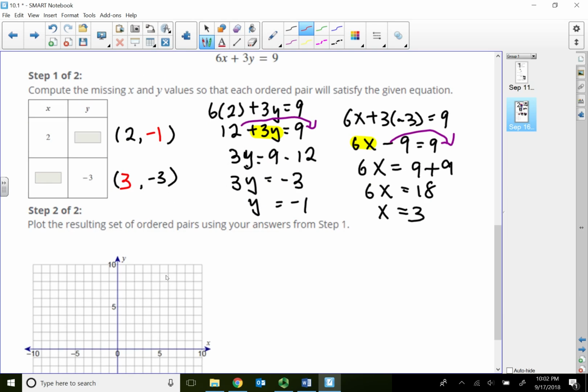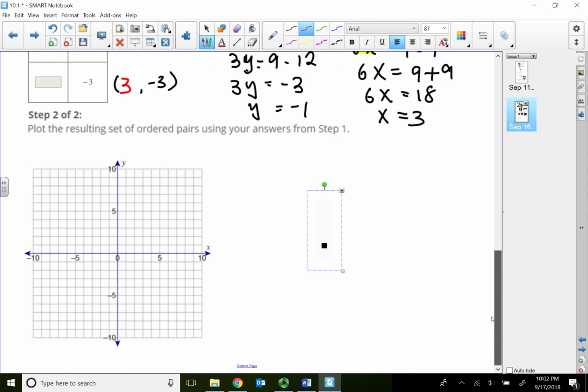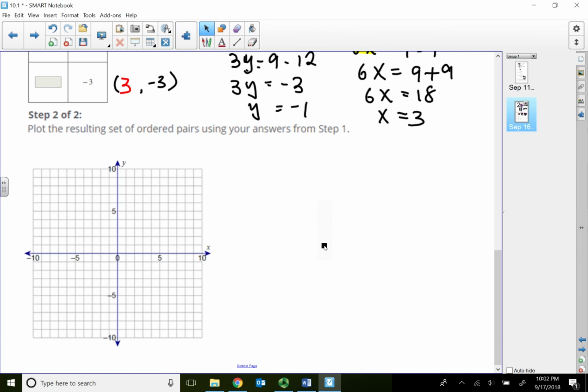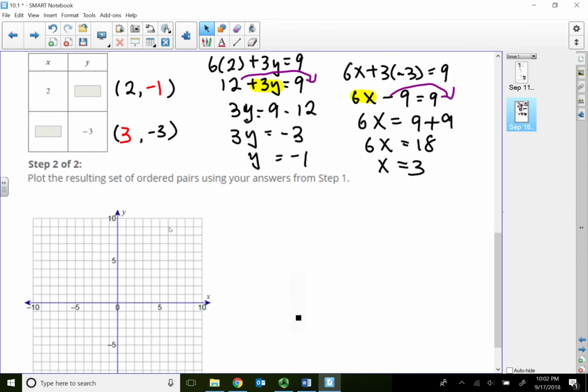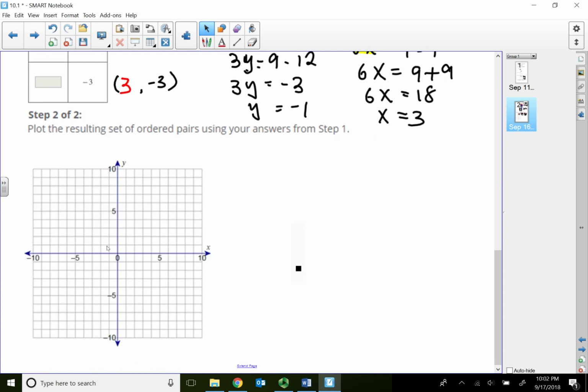So now step number 2 out of 2 is plotting the resulting set of ordered pairs. There are a couple different ways we can do this on the homework. One of them is entering coordinates, where the computer will automatically plot the points for you.